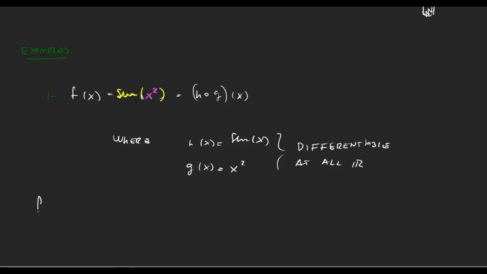Now let's find f prime in x. F is h composed with g. And so using the chain rule we just learned, we know that this will give us h prime in g of x times g prime in x. H of x is just the sine of x.